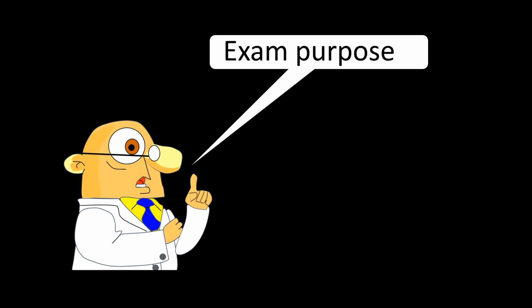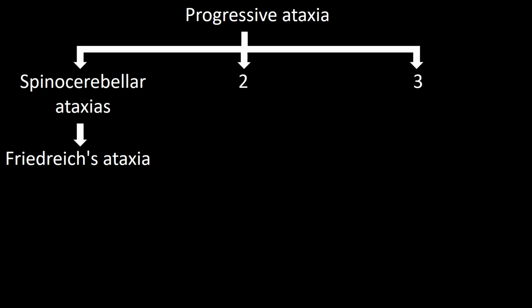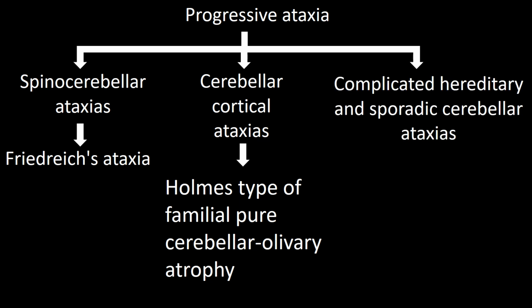For exam purposes, I will classify progressive ataxia using Victor and Adams' book. Progressive ataxias are classified in 3 groups: spinocerebellar ataxia, and in this group we have Friedreich's ataxia; cerebellar cortical ataxias, and in this group we will talk about Holmes' type of familial pure cerebellar olivary atrophy; and a third group labeled complicated, hereditary, and sporadic cerebellar ataxias.